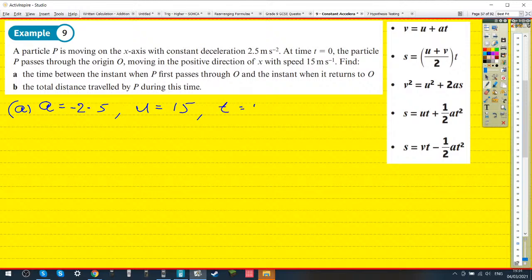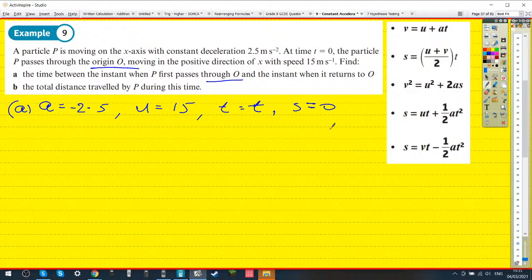So T is T. When time is 0, it passes through the origin O. What do you know about when it returns back to the origin O? It's also 0. What is 0? S. And so it's just like the previous one. S is 0, and so it's 0 equals 15t plus a half times minus 2.5 t squared. So it's very similar to that one.